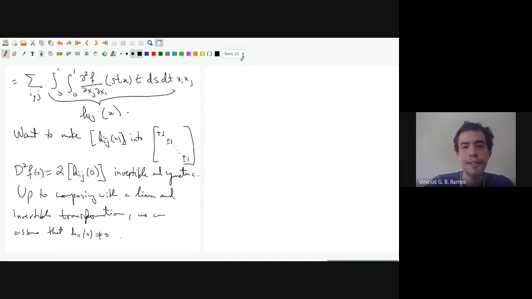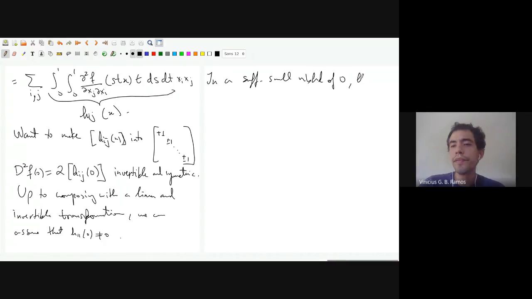So I can now define new coordinates. If h11 of 0 is different from 0, then in a sufficiently small neighborhood of 0, the function h11 is different from 0, because of continuity. So now I can divide by h11 of x if I'm in a sufficiently small neighborhood of 0.